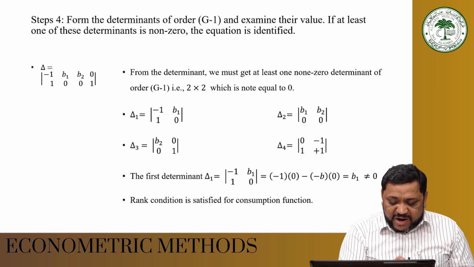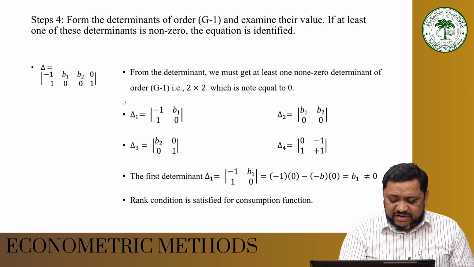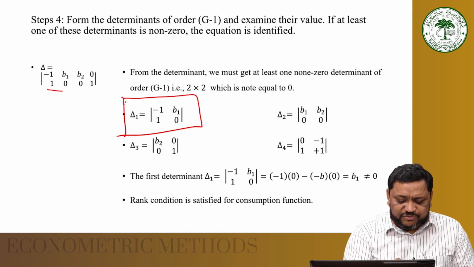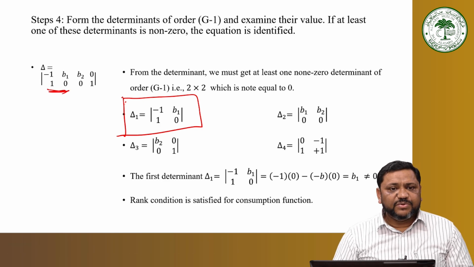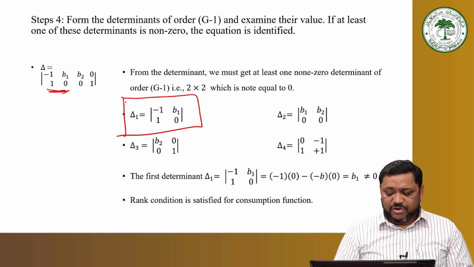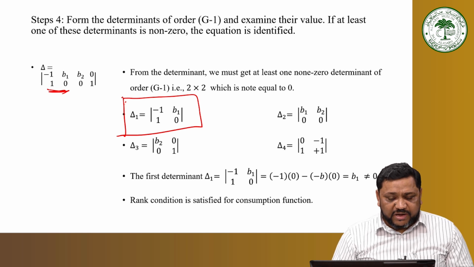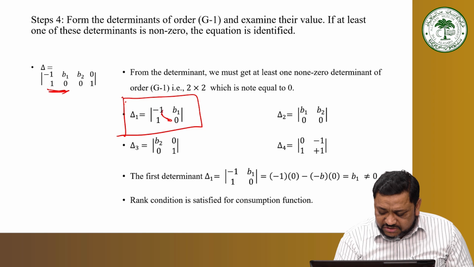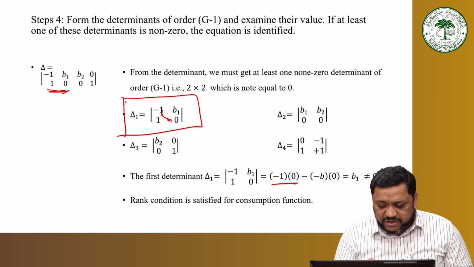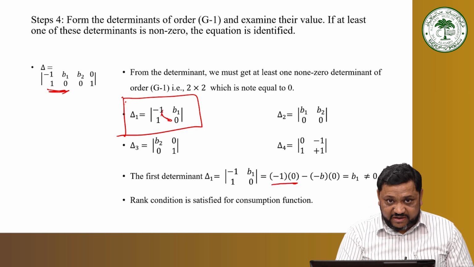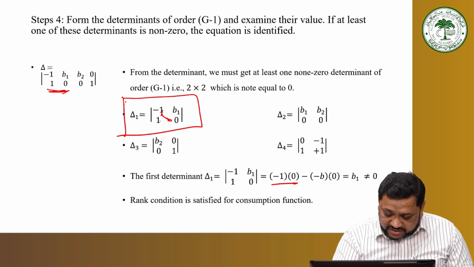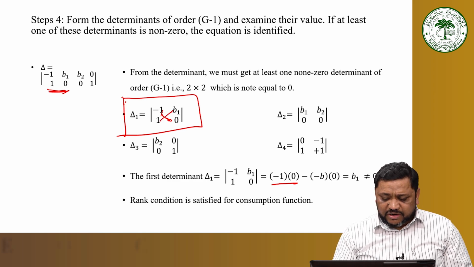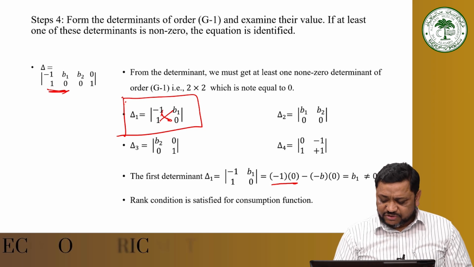So the matrices which are formed, let's take the very first matrix. That is, we take these things, -1, B1, 1 and 0. So if I want to make a matrix determinant, what I do, I multiply this with this. So I have -1 multiplied by 0, minus, and then we multiply this by this.